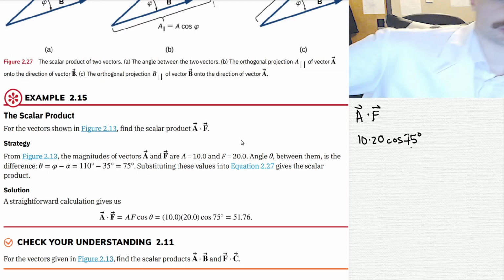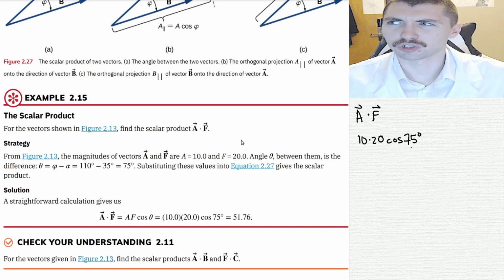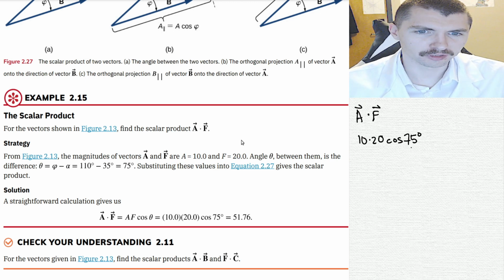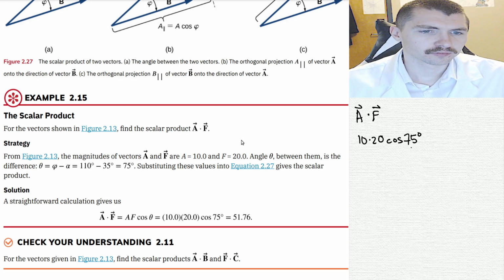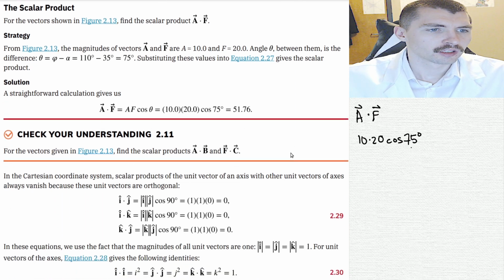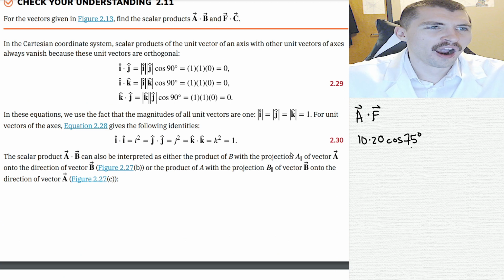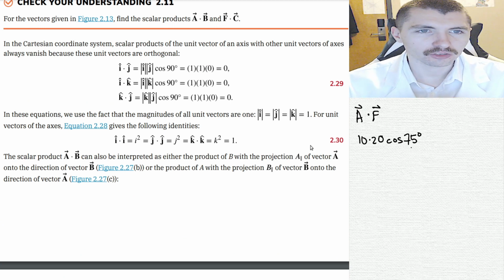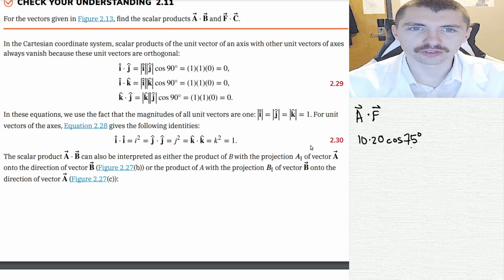Okay, so this is a lot different dot product than what I'm used to in just abstract linear algebra. Scalar products are the unit vectors of the axis.